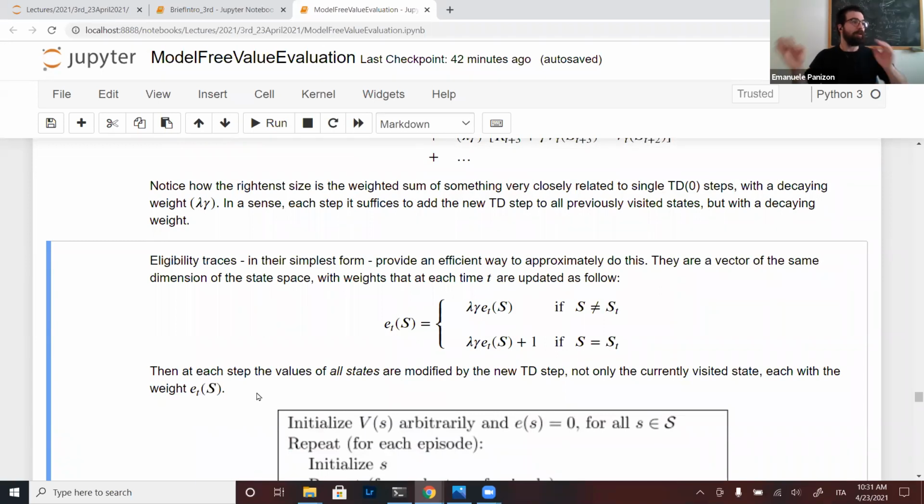Okay. So what I wanted to say is that all we've done so far, essentially, the instantaneous reward and the standard return, were used to update the value of a single state. So if at t equals 3 I was in state 3, all my different evaluations of the return were used to update the value of state 3.